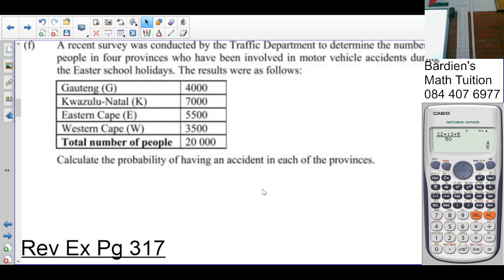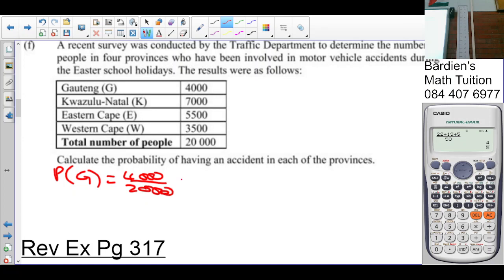Western Cape, 3,500. Total number of people, it came to 20,000. Calculate the probability of having an accident in each of the provinces. So the probability in Gauteng is 4,000 over 20,000, which is 4 out of 20, which is 1 out of 5. The probability in KZN is 7,000 over 20,000, which is 7 over 20.